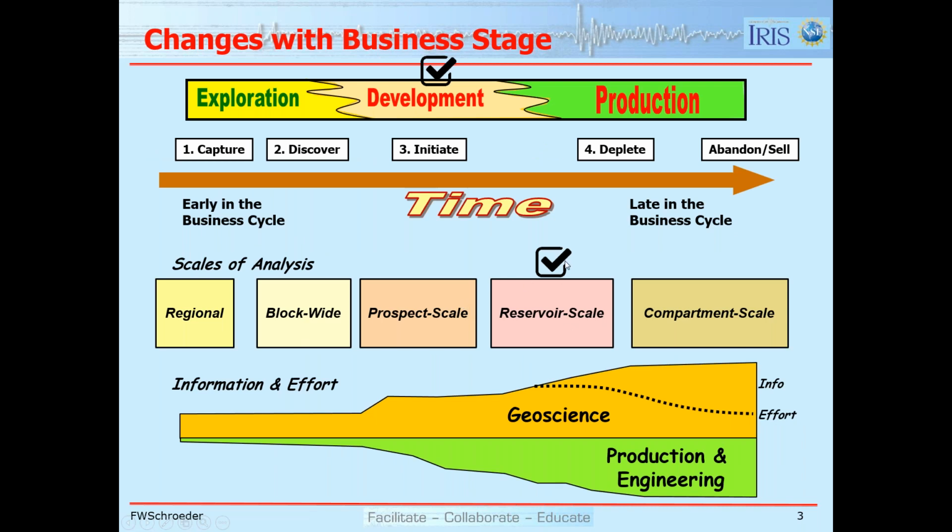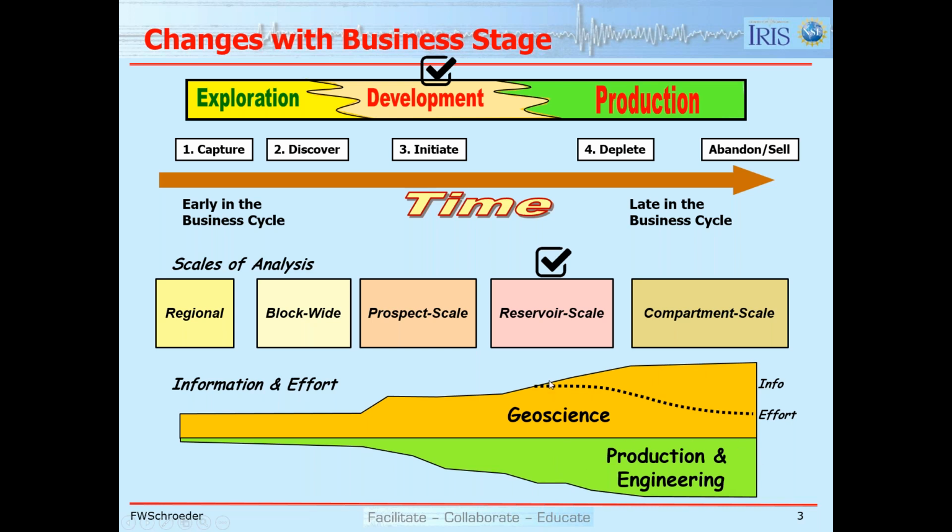So I've already talked about this. We're going to focus in on development, where maybe we're working on a reservoir scale of focus. The bottom shows information and effort. As the information on the field develops, the effort and information increases both on the geoscience side and on production and engineering side.